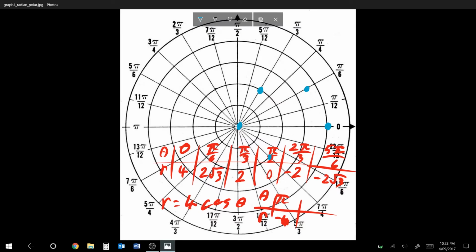Go to 5 pi on 6. Again, we have negative distance. Come to here. Then we go pi, a full revolution, we're going back. Go pi, negative 4 distance, and we're back at 0.